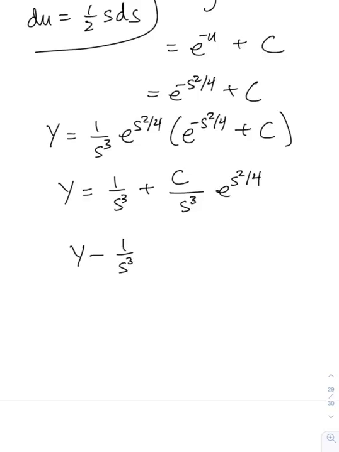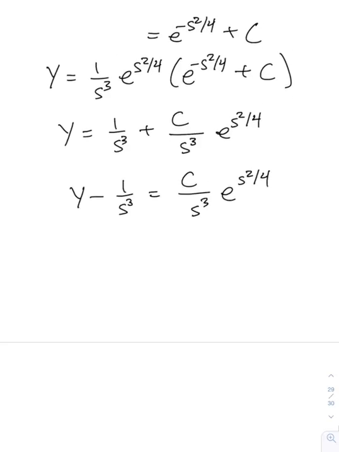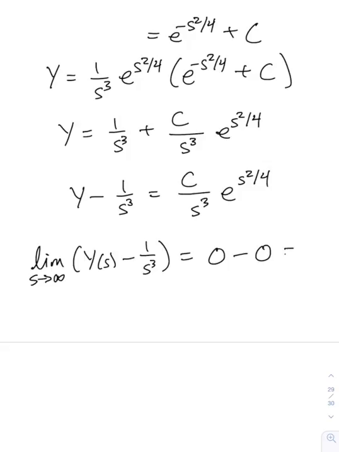So Y minus 1 over s cubed is equal to C over s cubed e to the s squared over 4. Now both sides are the same, so they should have the same limit. Let's look at the left-hand side. The limit as s goes to infinity of Y of s minus 1 over s cubed is equal to 0, since the Laplace transform goes to 0 and 1 over s cubed goes to 0, so that limit is 0.